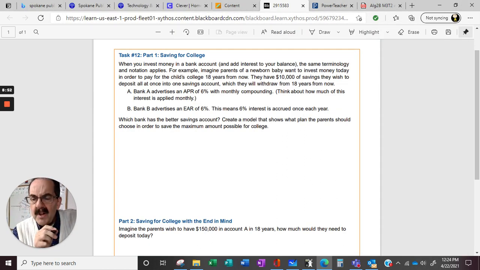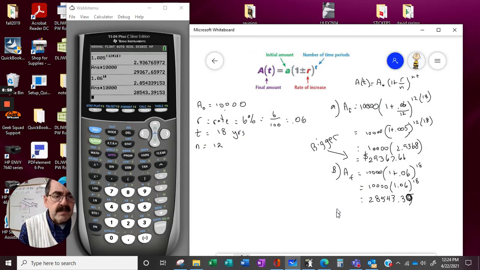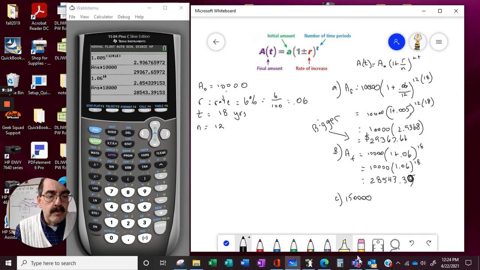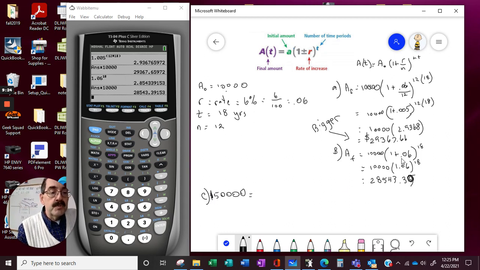In C, we want to have $150,000. How much do we need to put in? So now in C, we have a final value of 150,000. You know what? I'm going to redo that so it all fits on one page here. C, we want $150,000, and we're going to assume that 6%.